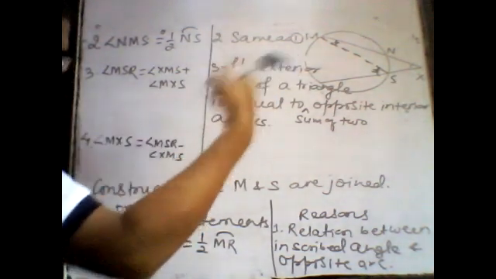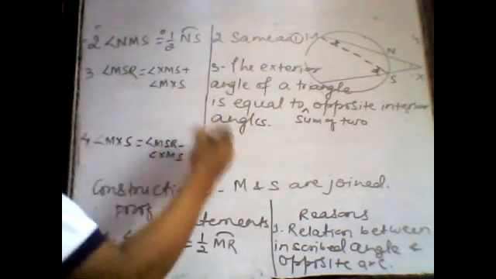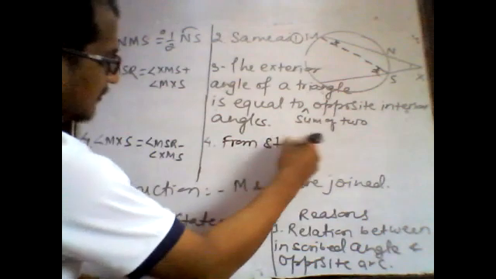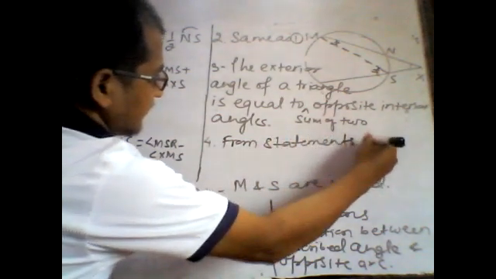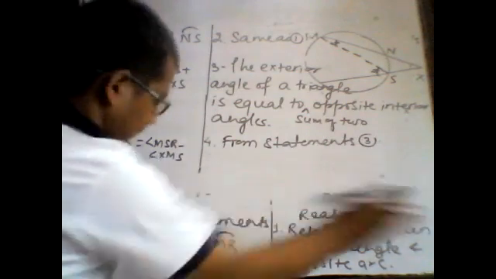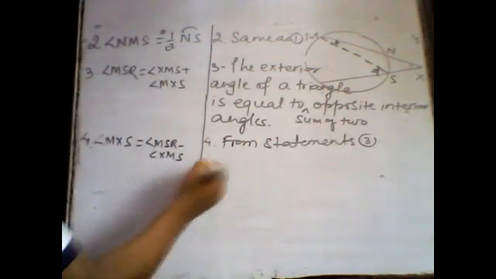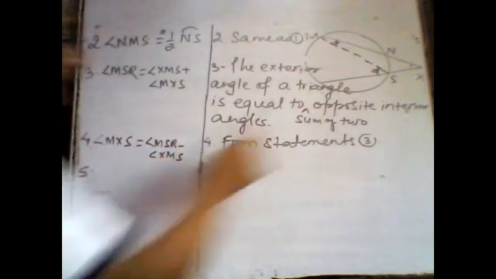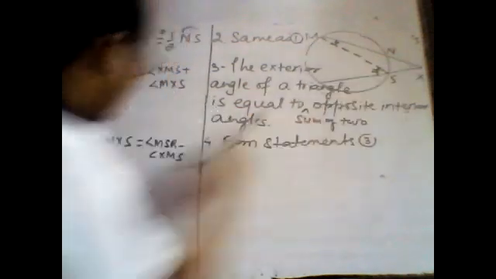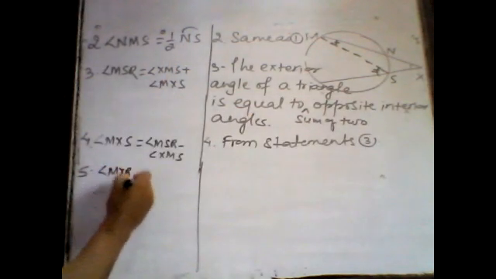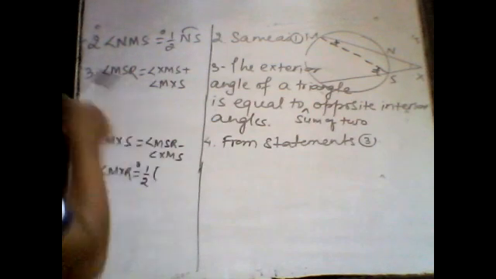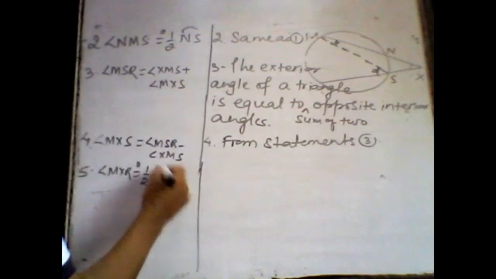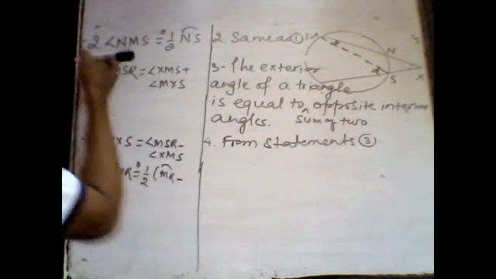In order to verify, we have to prove that MXR equals, so number 4, from statement 3. So now finally we can prove it. MXS and MXR are the same angles. So we can write that MXR is equivalent to half of MSR, which is half of MR minus NMS.